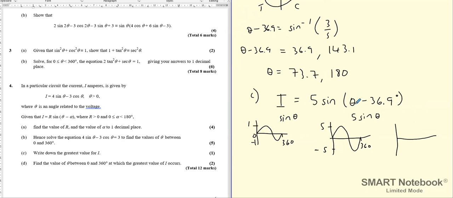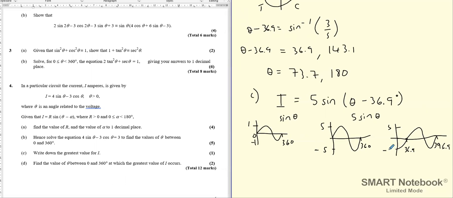But now we've got theta minus 36.9. That means the sine graph has shifted right by 36.9 degrees. And instead of starting at the origin, it starts at 36.9. Obviously, so this is 36.9. This would be 396.9.